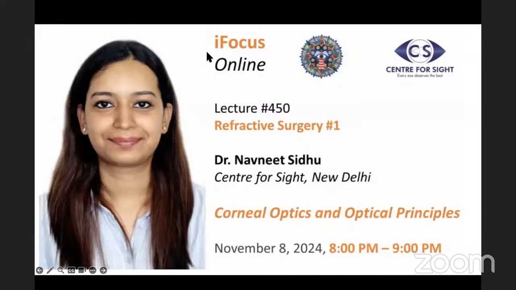The most common aberrations in the eye are spherical aberration, trefoil, and coma. These are the aberrations, and certain clinical applications of these aberrations, the optical properties of the eye and optical principles, will also be touched upon at the end.